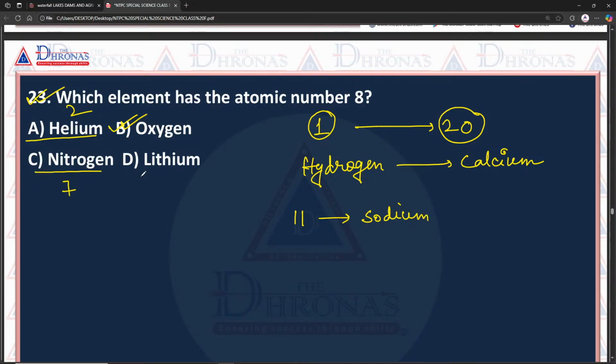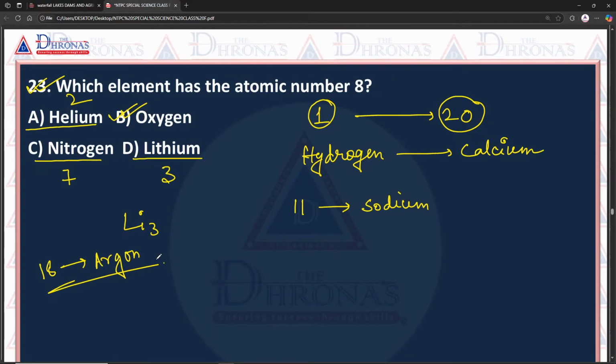Nitrogen is 7. What is the atomic number of lithium? 3, correct. Lithium comes after helium. Hydrogen is 1, helium is 2 and lithium is 3, Li3. 18 is the atomic number of argon, a noble gas. Okay, moving on to the next question.